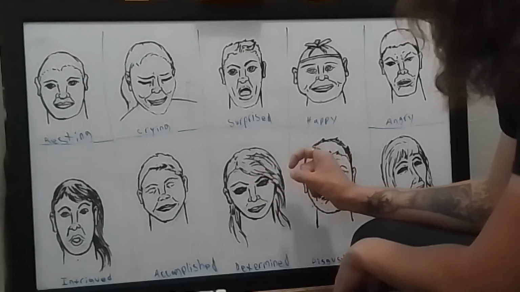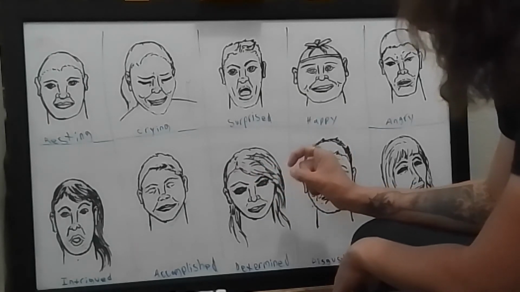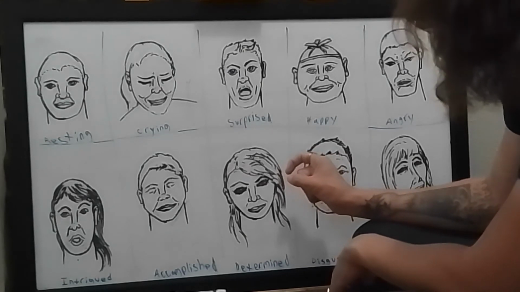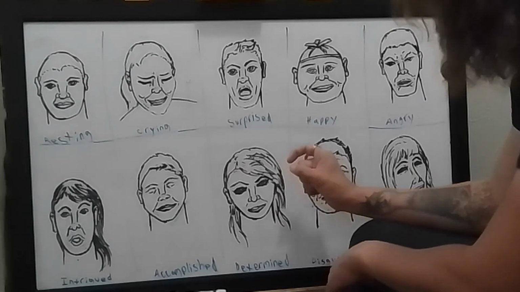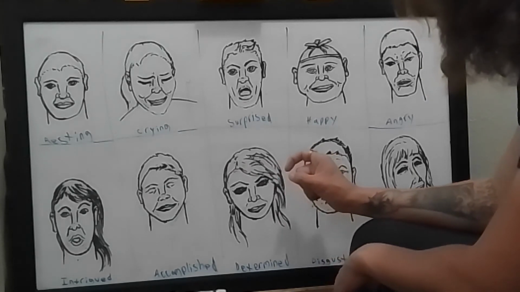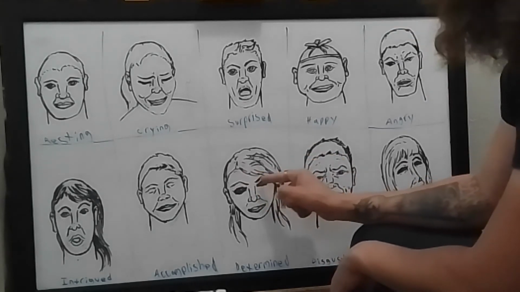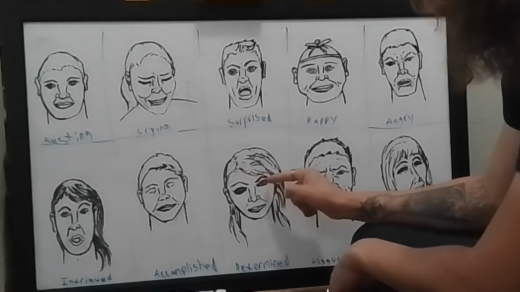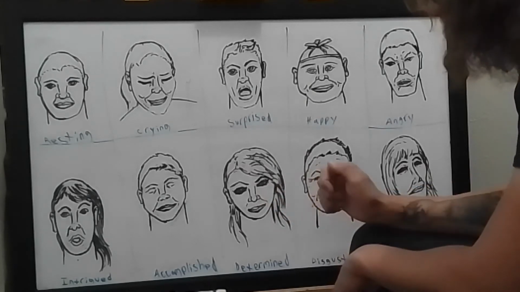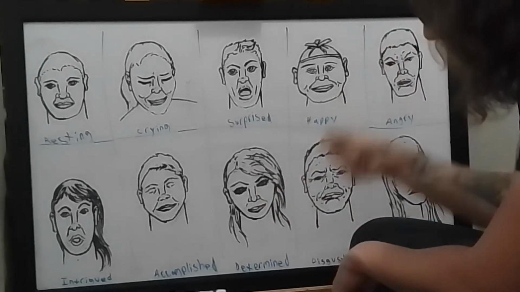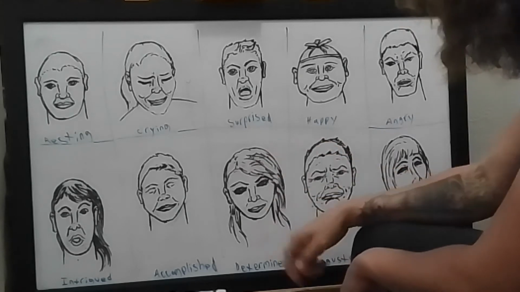When the eyes are narrowed like that, then that person is definitely focused, intent on something, right? So the eyes are barely open right there, even a little bit of a smirk. This person is just going to go out and get it, whatever it is.